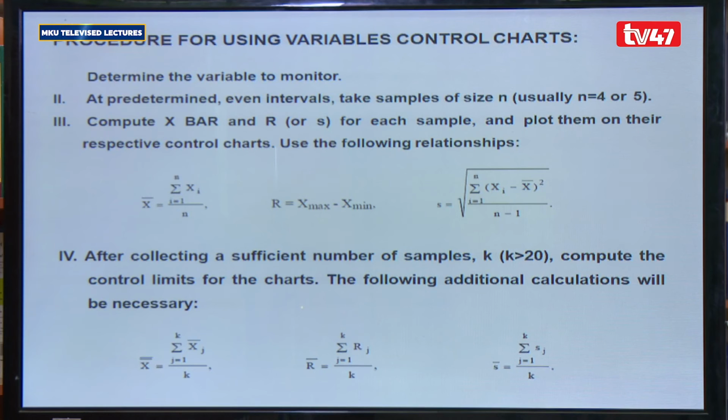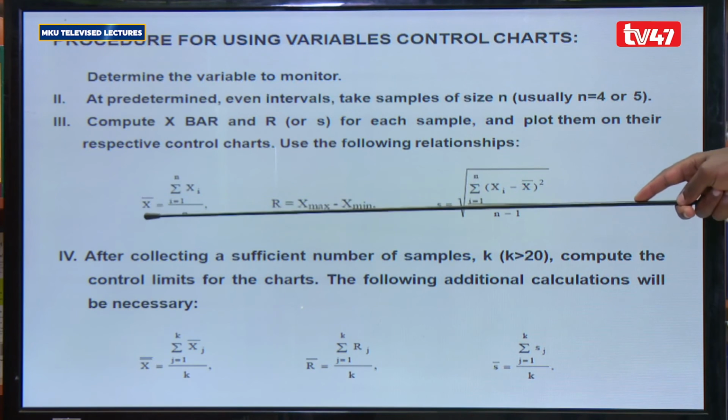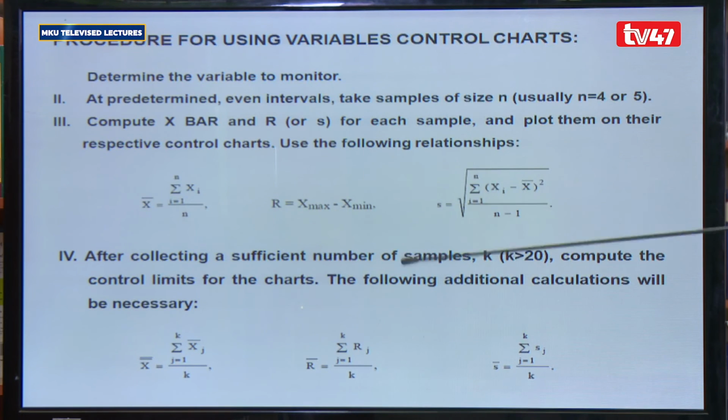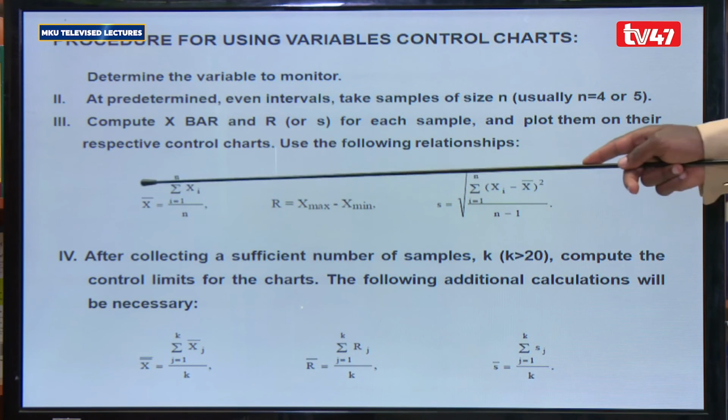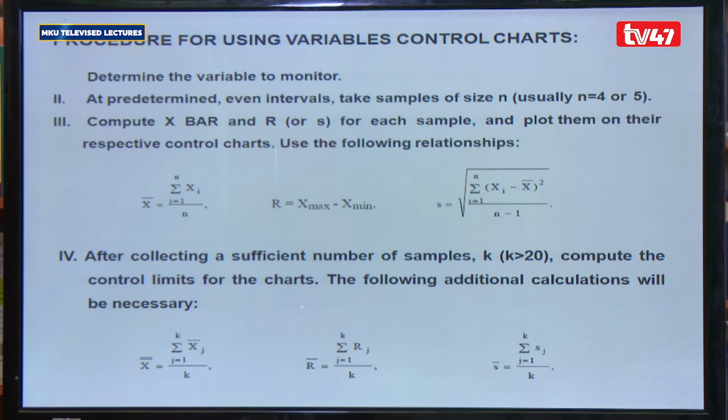So that is the procedure we use to plot our data. You've seen that we need two or three things. One, depending on the statistic under consideration, we will find the average of the sample statistic. Then, if we want to plot the R chart, we will need the range.